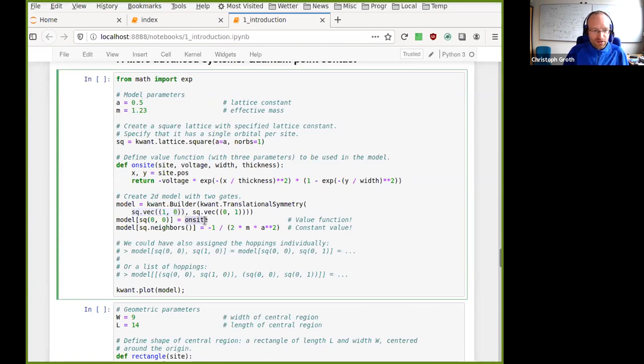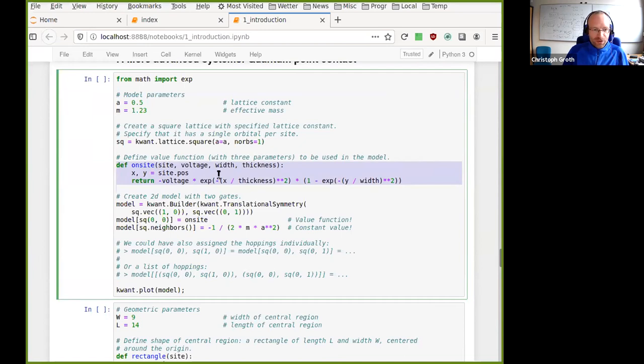So now observe that as the on-site value for my model, I'm using onsite. And onsite is actually a Python function that has been defined here. It's a Python function, just a regular one, which takes a number of parameters. And the way Kwant works is that an on-site value function must always take at least one parameter. This is the site. And optionally, it can take further parameters, which are then interpreted as model parameters.